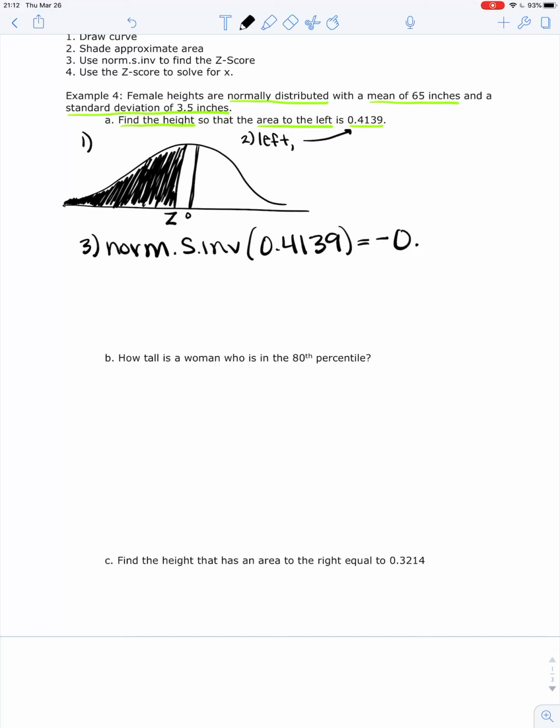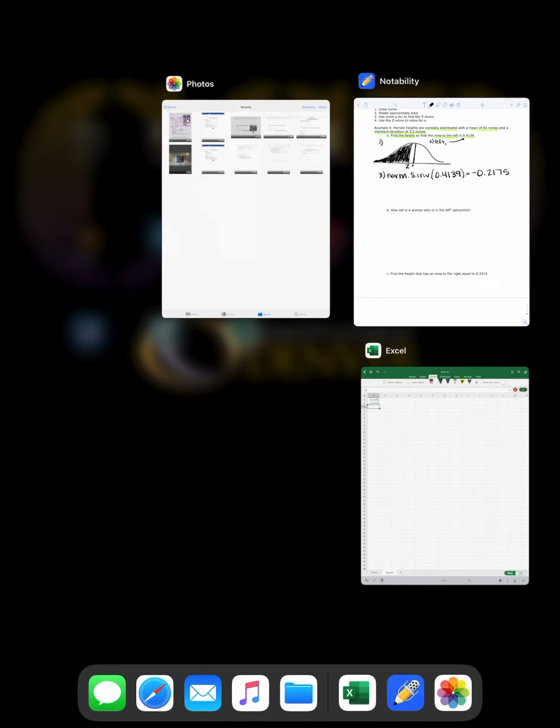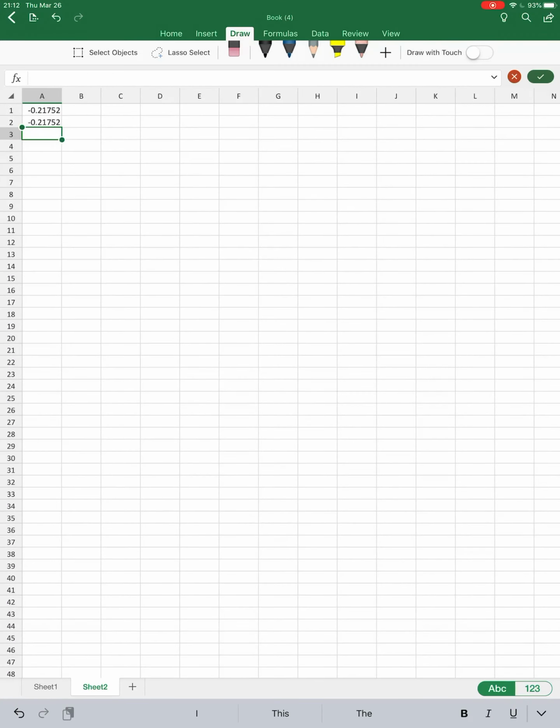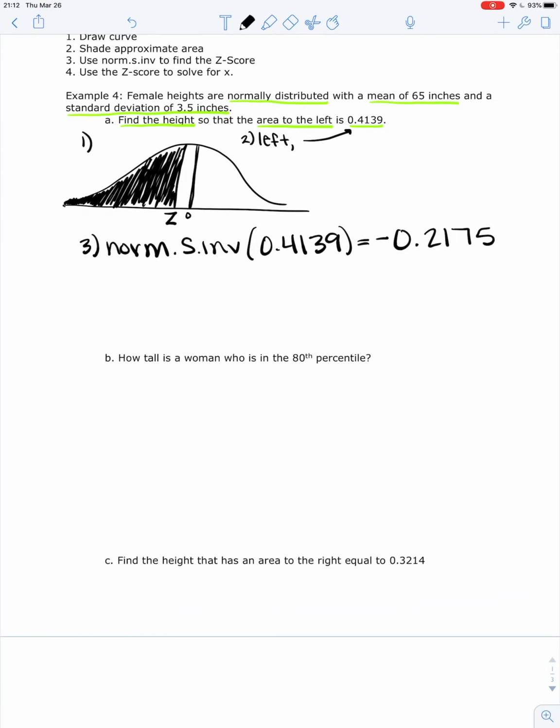Negative 0.2175. I think that was right. Okay. Boom. There we go. So the area to the left of negative 0.2175 is 0.4139.